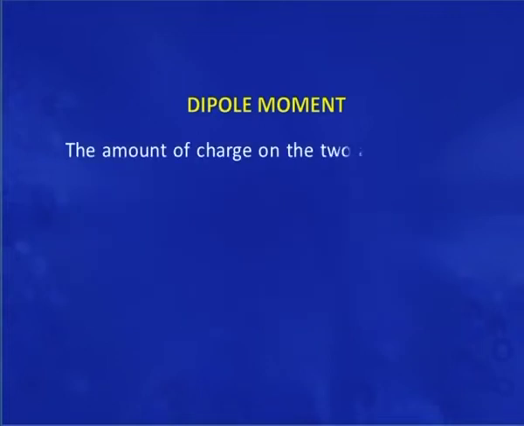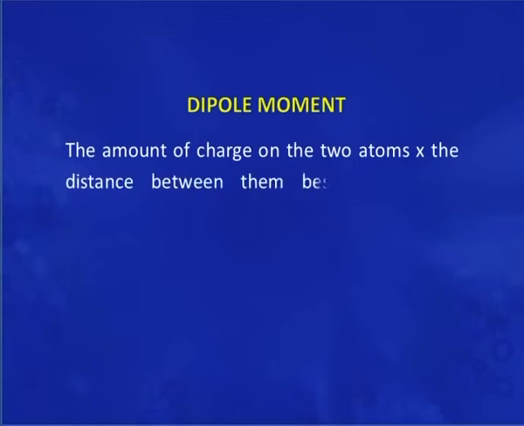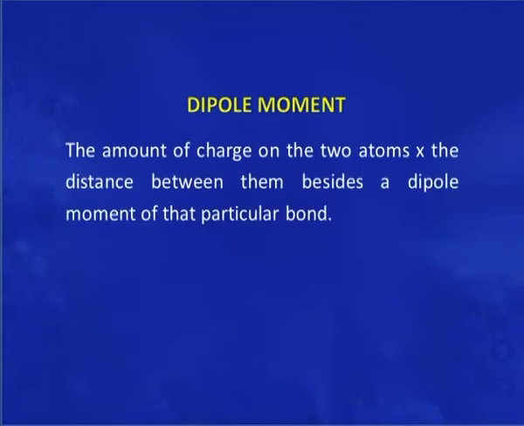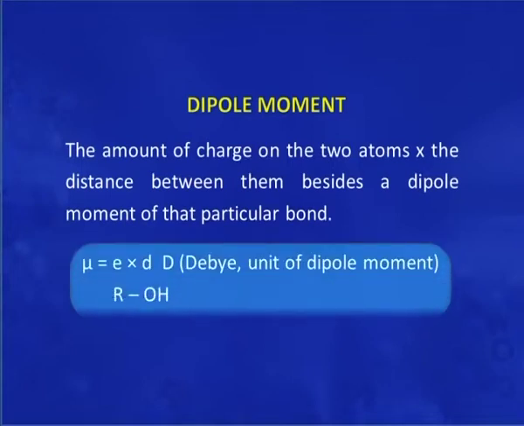The amount of charge on the two atoms multiplied by the distance between them decides the dipole moment of that particular bond. The dipole moment is represented by the term mu, which is equal to e, the charge, multiplied by d, the distance, and the unit of dipole moment is the debye, capital D.